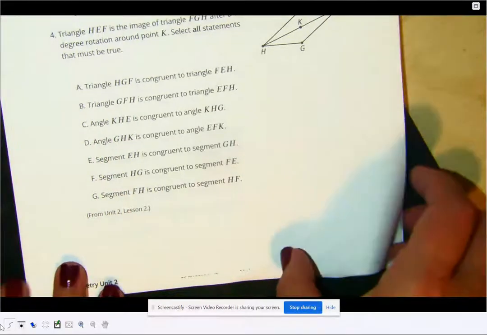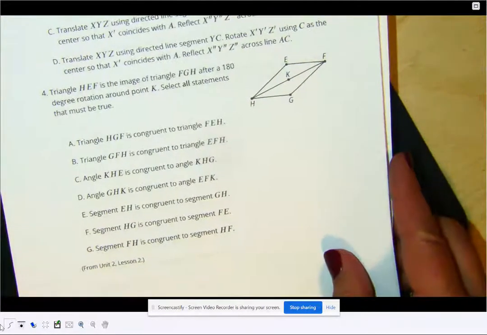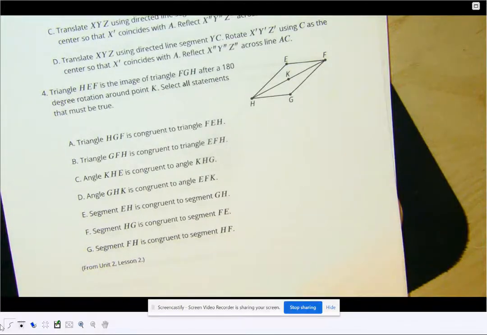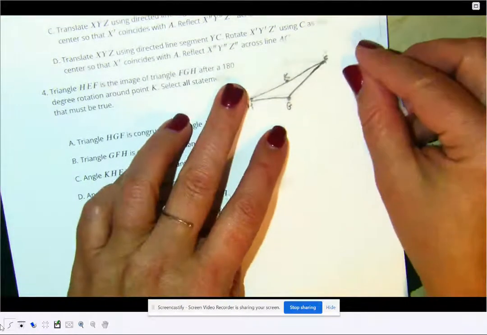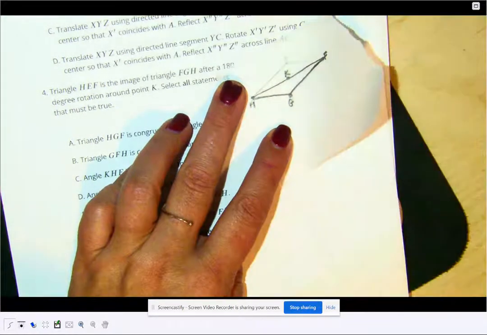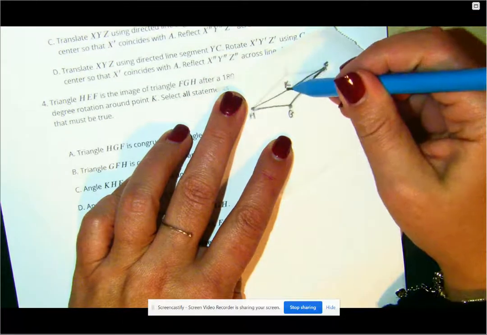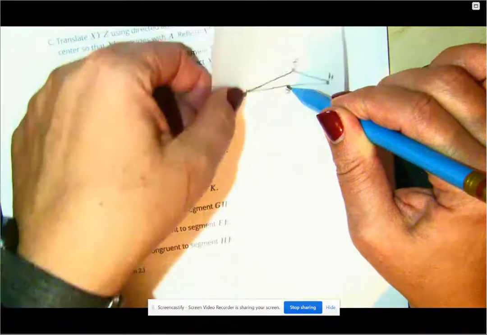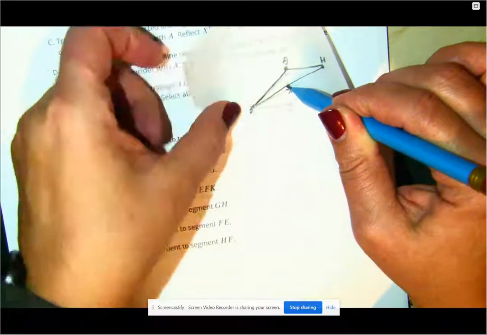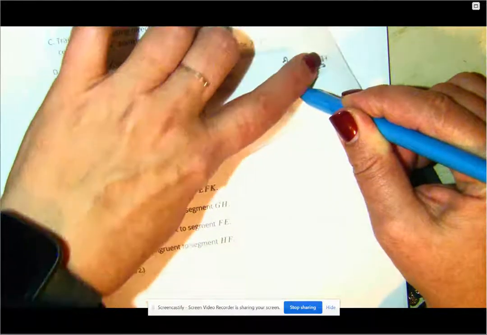On to 4. It says triangle HEF is the image of triangle FGH after a 180-degree rotation around point K. Let's just visualize this. Here's FGH, and I'm going to rotate it 180 degrees. It doesn't matter which way I go. So F is now over here, G is here, H is here.